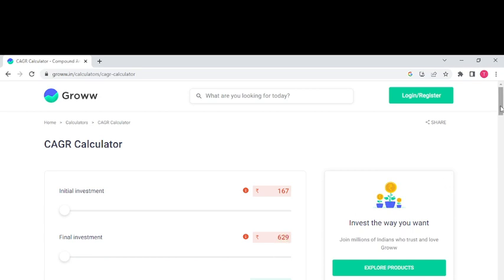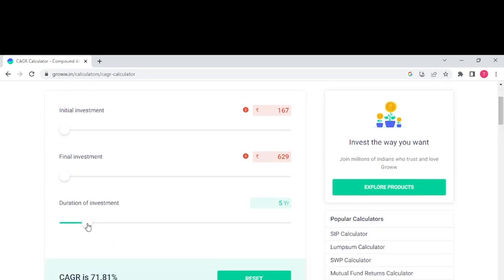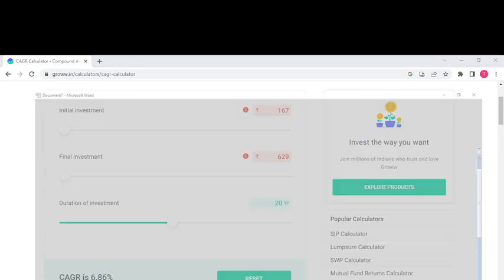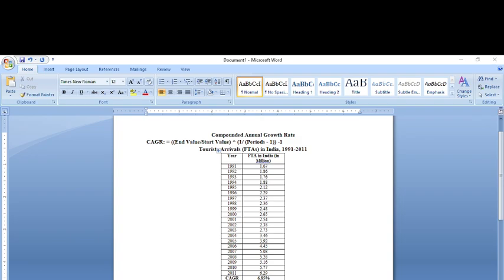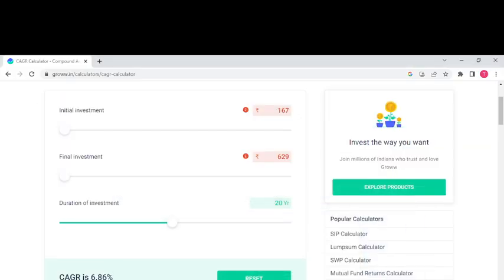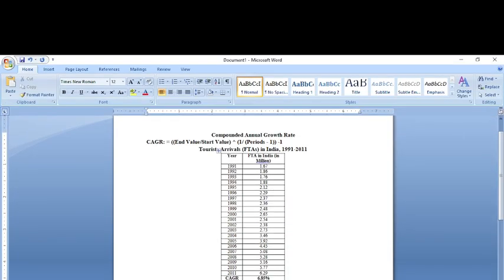For the number of years I'll scroll down, and the number of years is to be made 20, since it was 21 minus 1, and this gets the value of CAGR, which is the same as quoted by me or manually calculated. So the decimal or two varies, otherwise the values are calculated online this way.